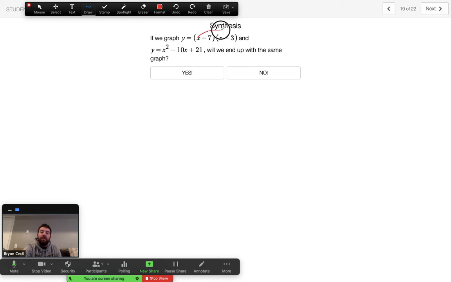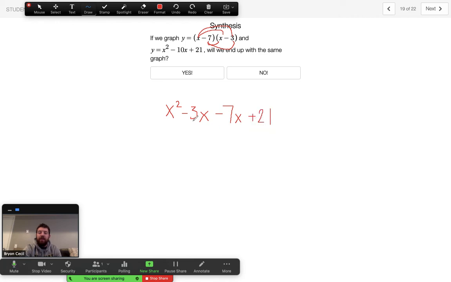So I'm going to do first: x times x, which gives me x squared. We do outside: x times negative 3, so that's a negative 3x. We do inside, so negative 7 times x. So that's a negative 7x. And then we do last, so negative 7 times negative 3 is a positive 21.